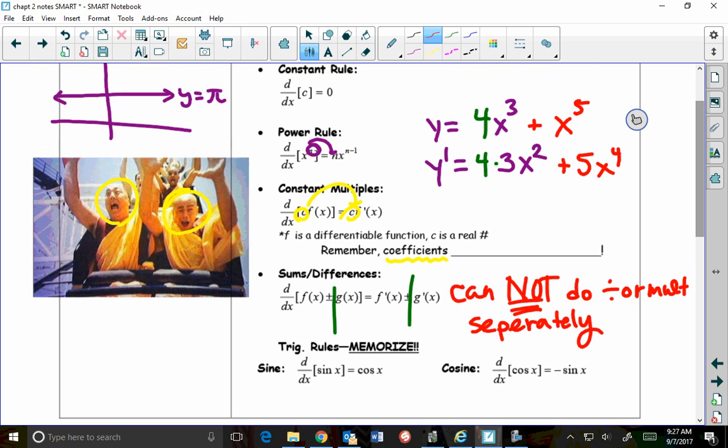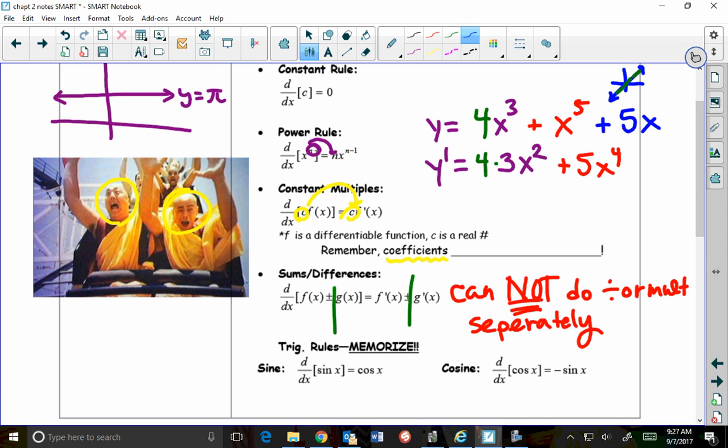And then one more thing before we go on to the little tricky ones. If I had, let's say, plus 5x, think of the graph of 5x. What is the slope no matter what? 5.